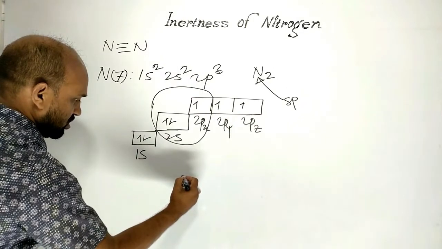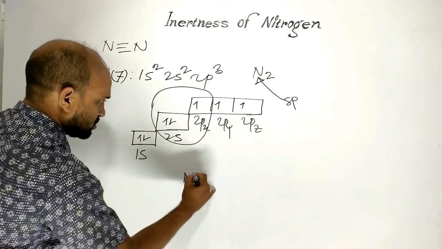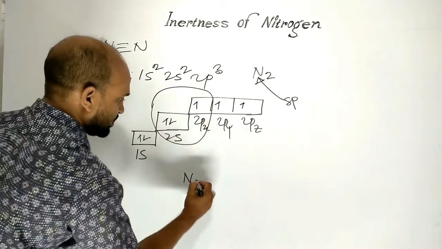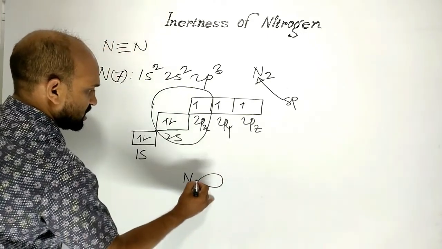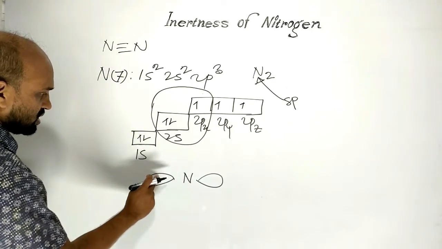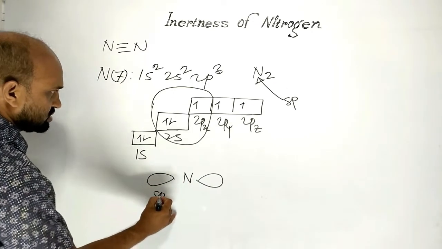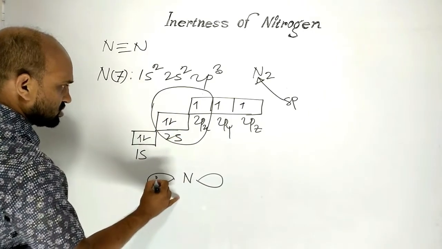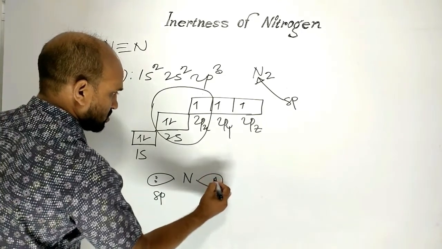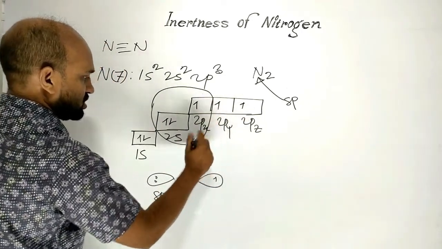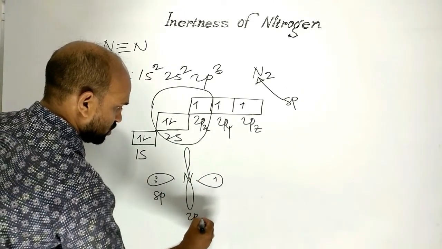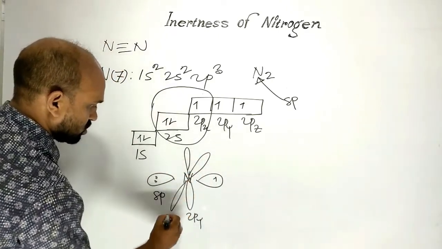After sp hybridization, 2 hybrid orbitals are formed. One sp hybrid orbital contains 1 pair of electrons and another sp hybrid orbital contains 1 electron, and 2 orbitals remain unhybridized. Suppose this is 2py and this is 2pz.